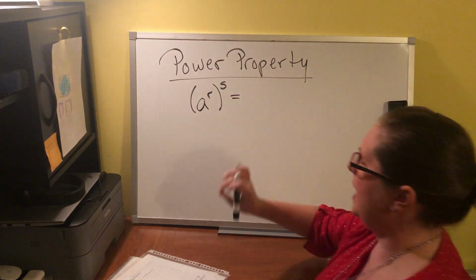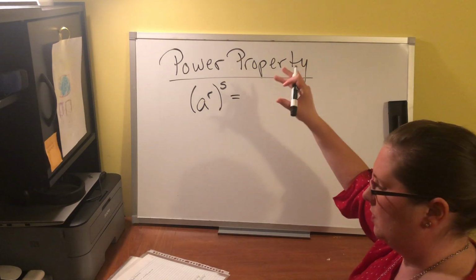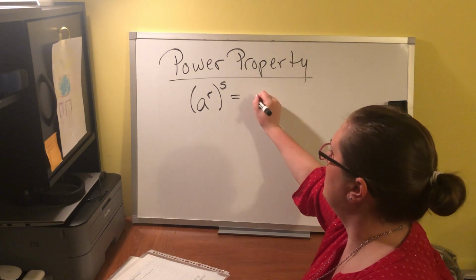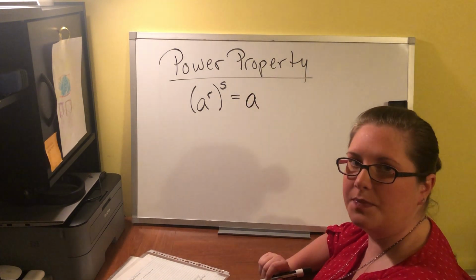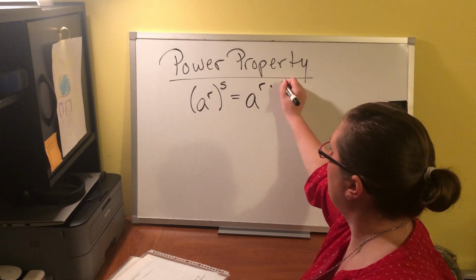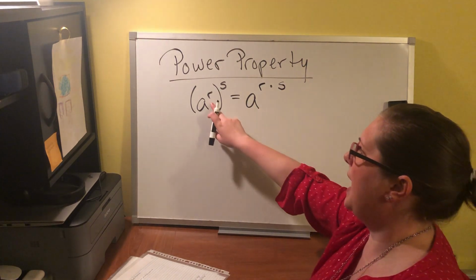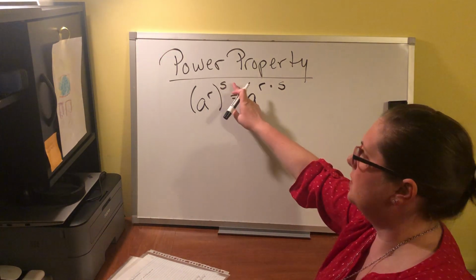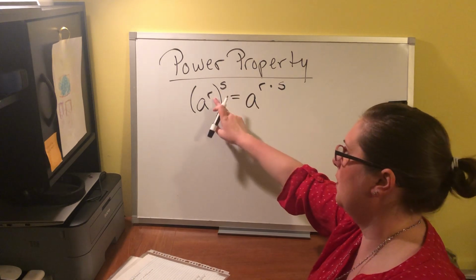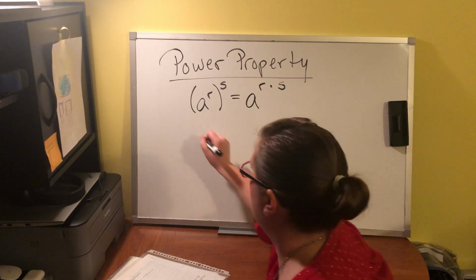So the a to the r is in parentheses, the s is on the outside as an additional exponent. So what you'll do here is you'll keep the base, okay? The base is a, you keep the base, and you multiply together the two exponents, okay? So this is a power raised to a power, okay? A power raised to a power. Keep the base, multiply the exponents, okay?